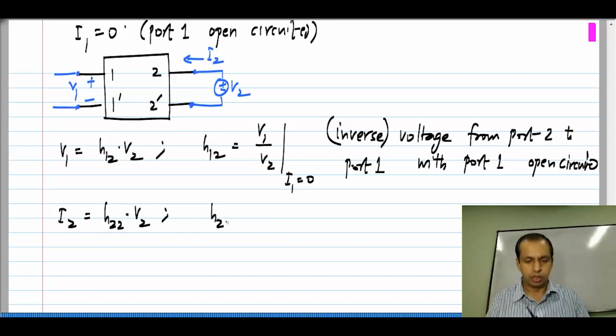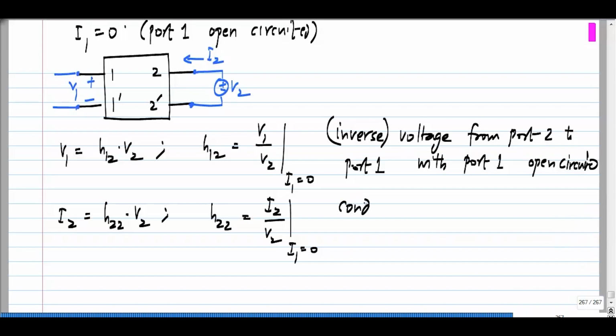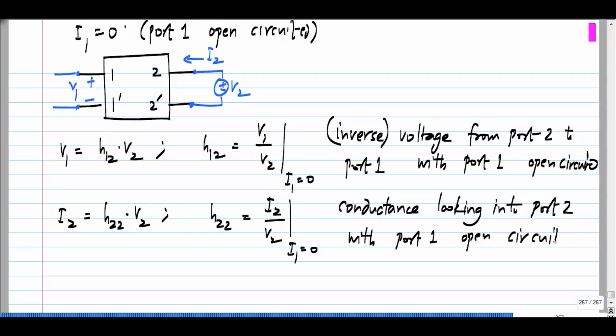In other words, H22 is I2 by V2 with I1 set to 0 or port 1 open circuited, and H22 is nothing but the conductance looking into port 2 with port 1 open circuited. Okay. So, these are the hybrid parameters.